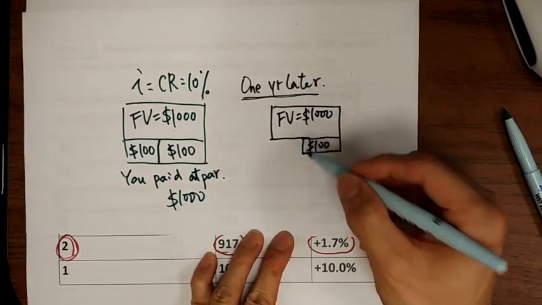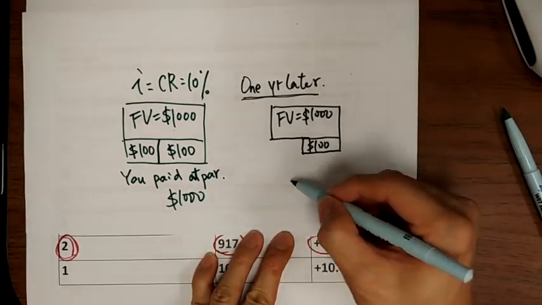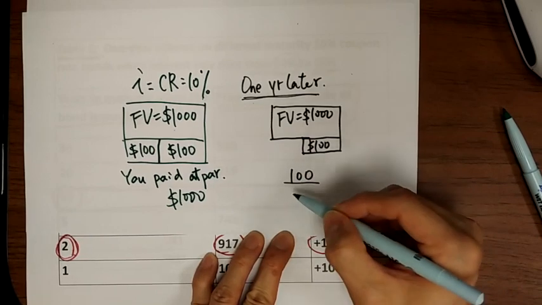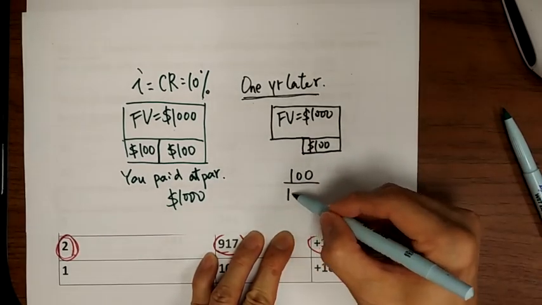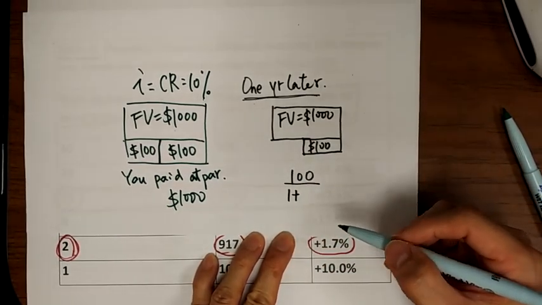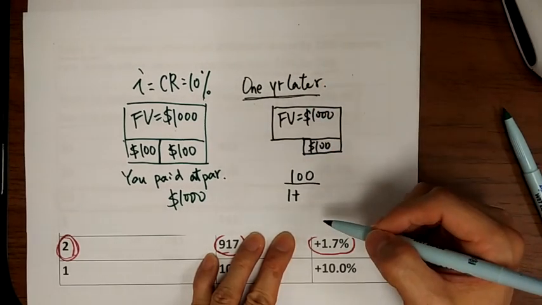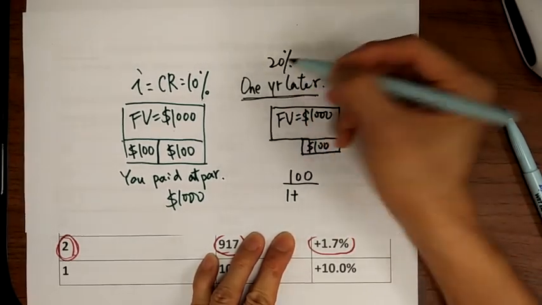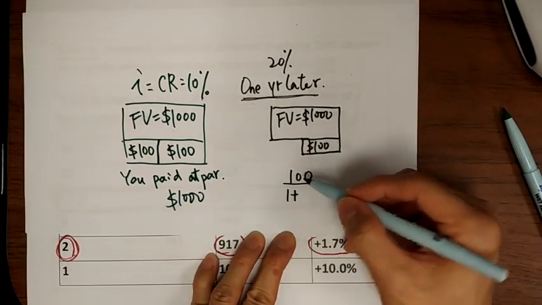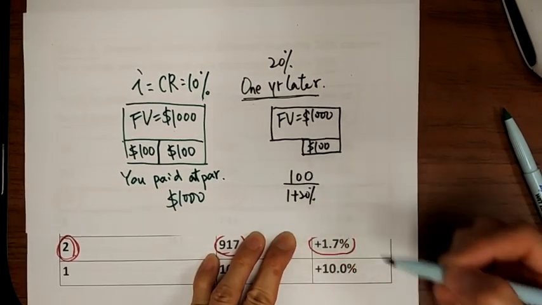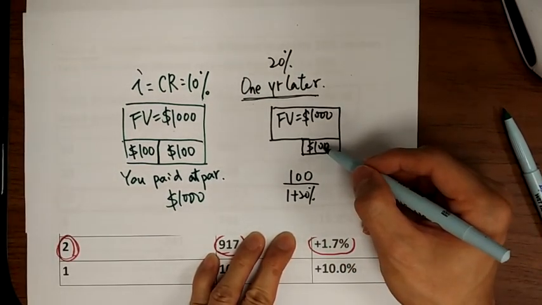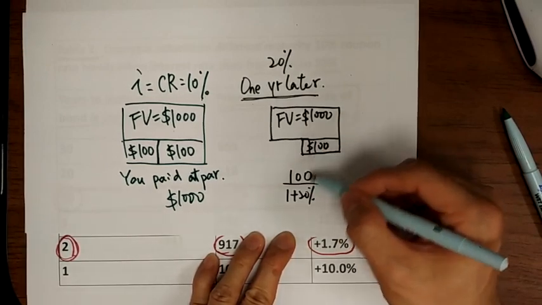So when is he going to get his first coupon payment? The answer is $100 next year. So he's going to use next year interest rate, which is 20%, to discount his coupon payment that he's going to get a year later.